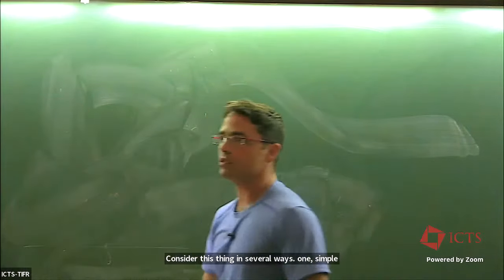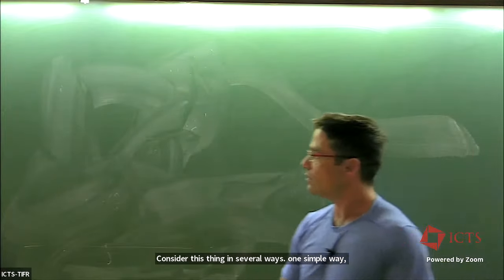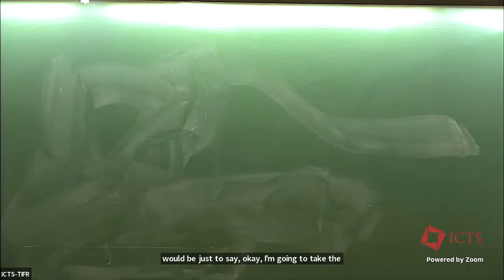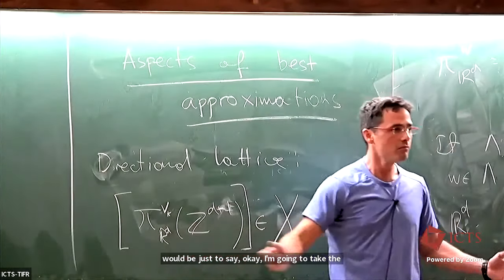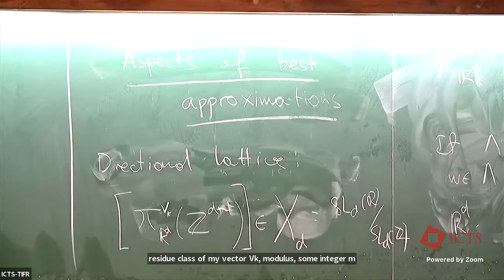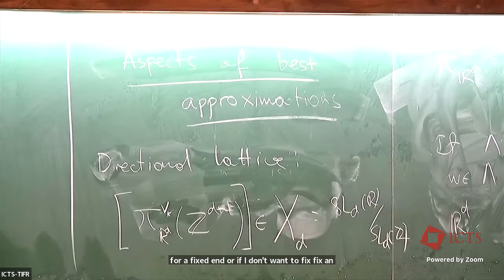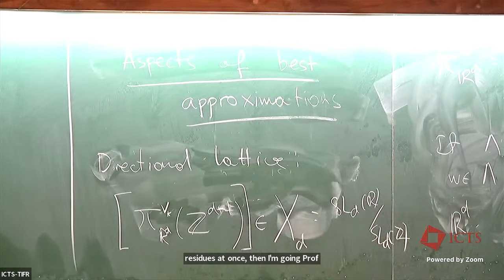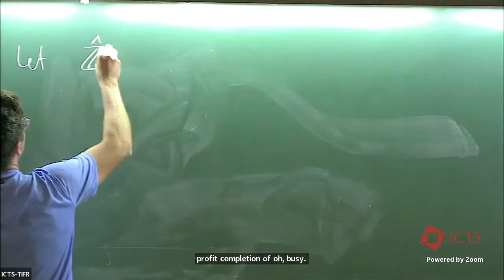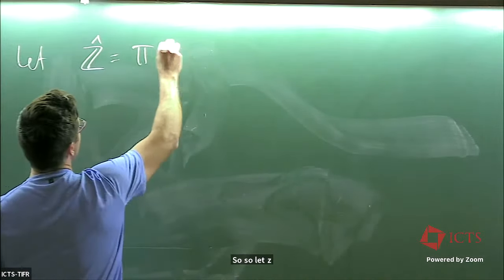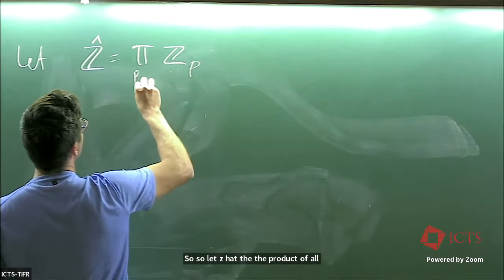One simple way would be just to say, okay, I'm going to take the residue class of my vector VK modulo some integer m for a fixed m. Or if I don't want to fix an integer m and I want to consider all residues at once, then I'm going profinite, and I will consider the integral vector VK as an element of the profinite completion of Z. So let Z hat be the product of all p-adic integers, p prime.